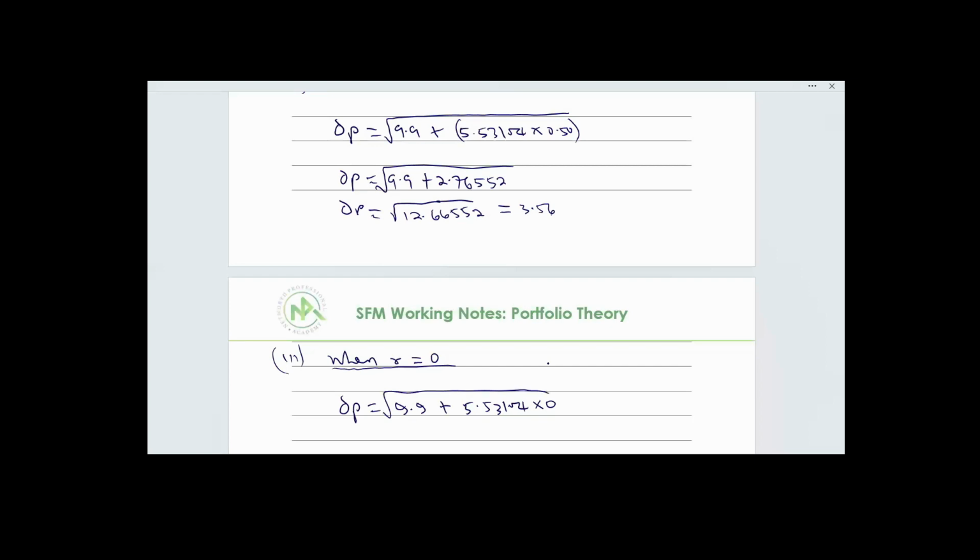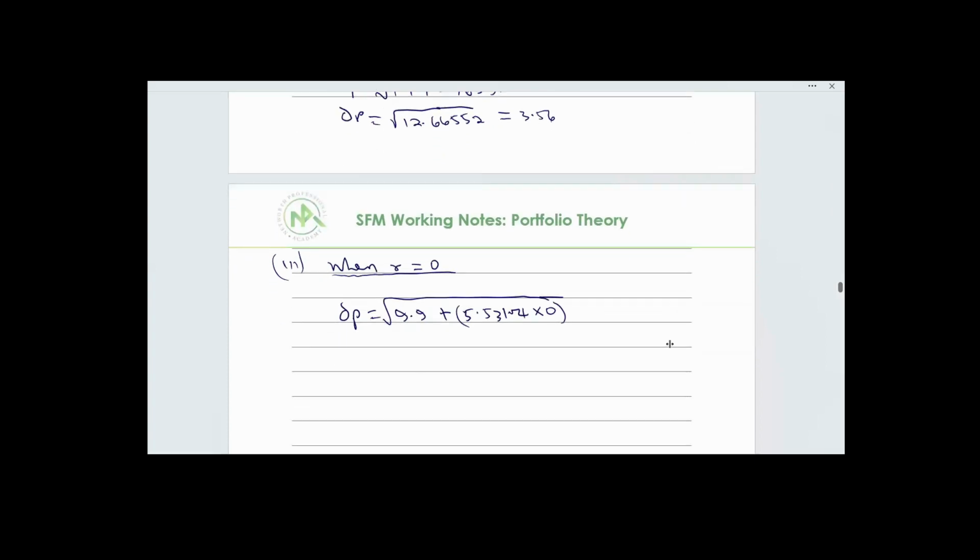If the other part is multiplied by 0, that means the answer will be equal to 0. Therefore, DP will be equal to square root of 9.9, which is 3.15. Here is 3.15.